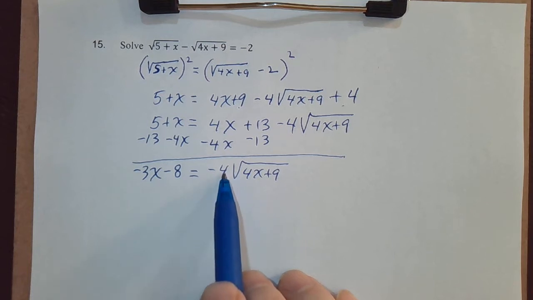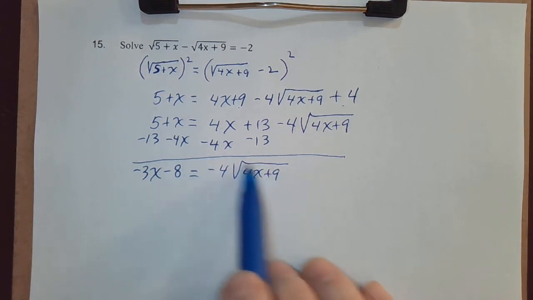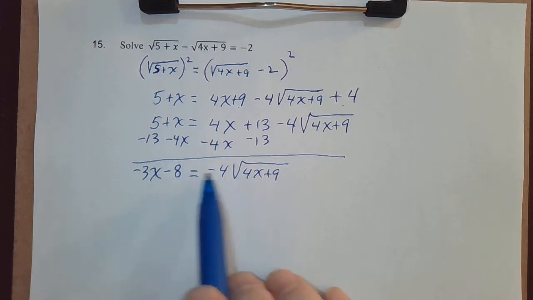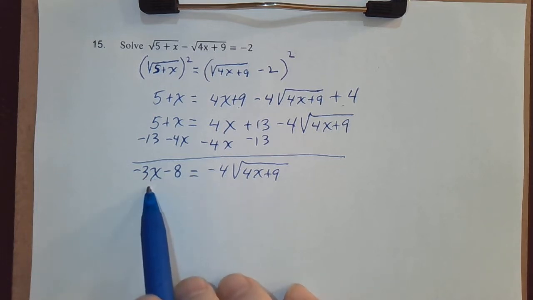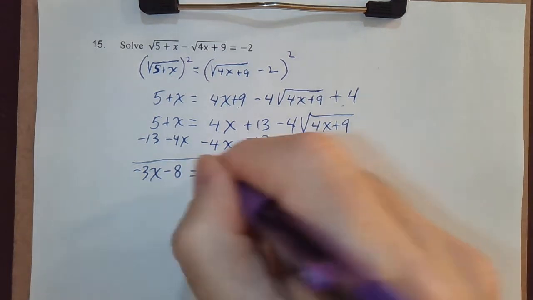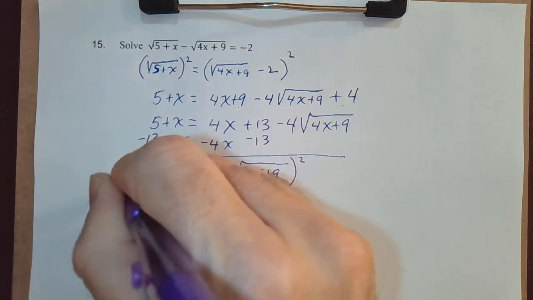But when you have a radical just times a number, if you want, you can just leave it and square it. And I think I prefer that because I don't mind dividing negative 8 by negative 4, but I don't want to divide negative 3x by negative 4, getting a fraction. It just might make it a little bit more work. So I think I'm going to square both sides right now.